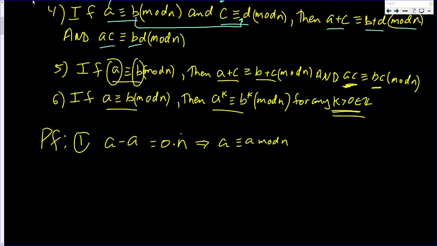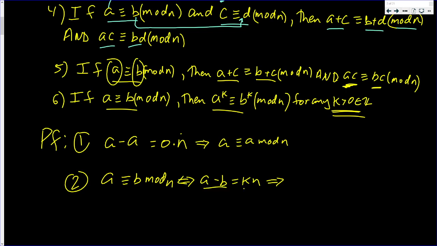The second one says that if a is congruent to b, then b is congruent to a. By definition, a congruent to b mod n implies that a minus b is a multiple of n. In fact, that's if and only if. And if I multiply both sides by the same number, whatever I write here will be if and only if this. I'm going to multiply both sides by -1.